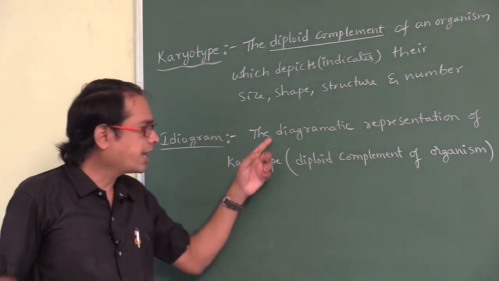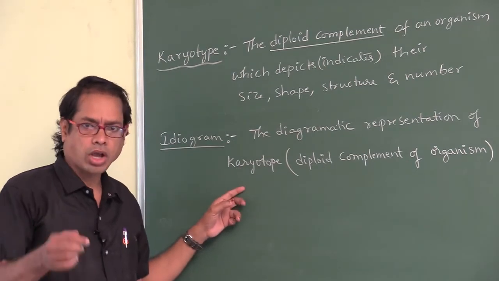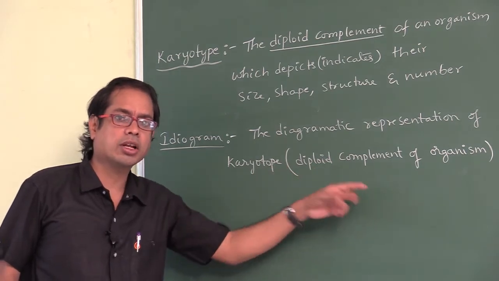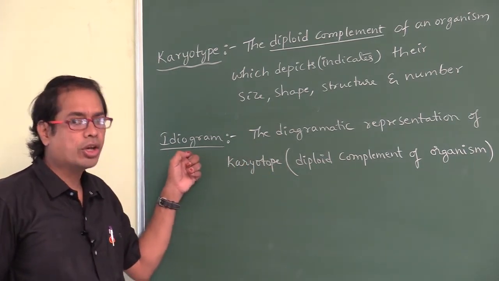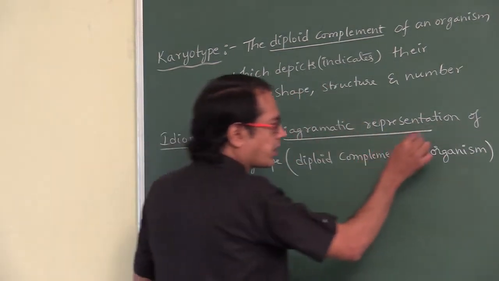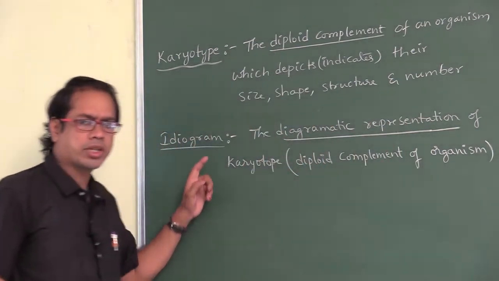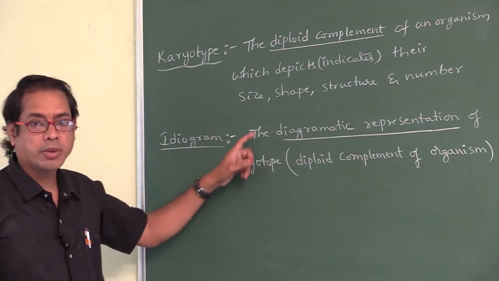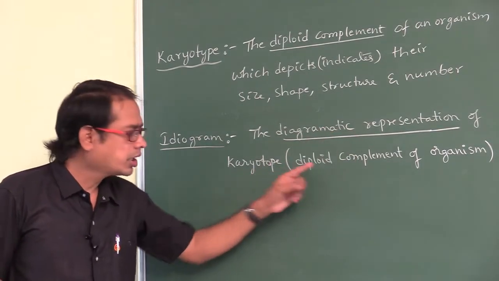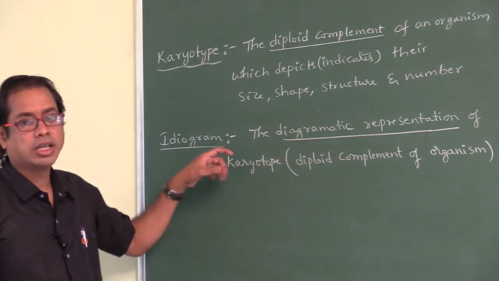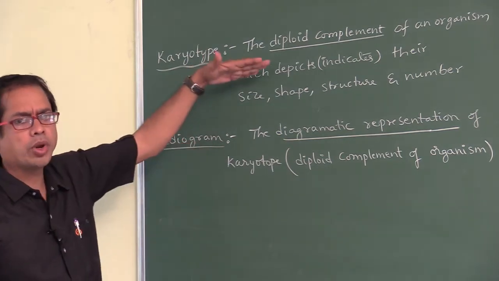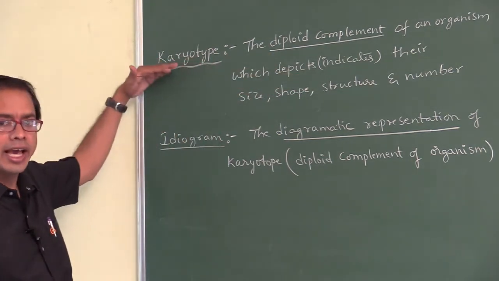Ideogram means the diagrammatic representation or graphic representation of karyotype, or in other words, the diagrammatic representation of the diploid complement of an organism. The diploid complement of an organism is called karyotype.